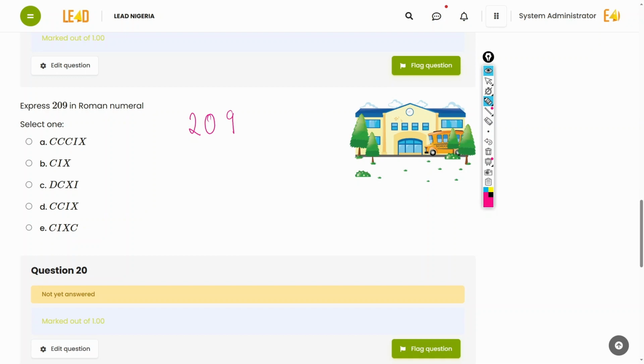First, we write in expanded form. So it is 200 plus 9. 200 is CC, 9 is IX. IX is 9. The answer is CCIX. The correct option is D.